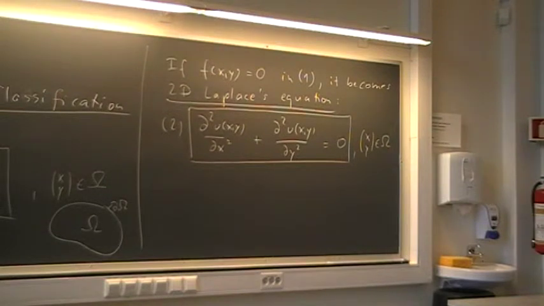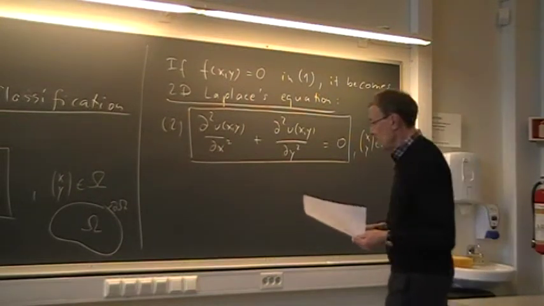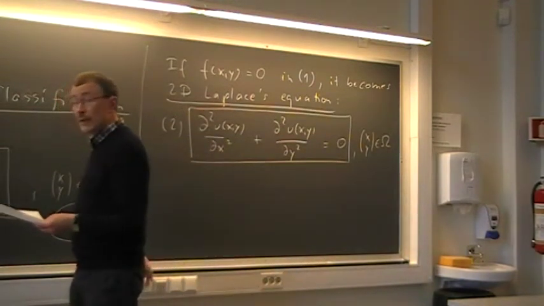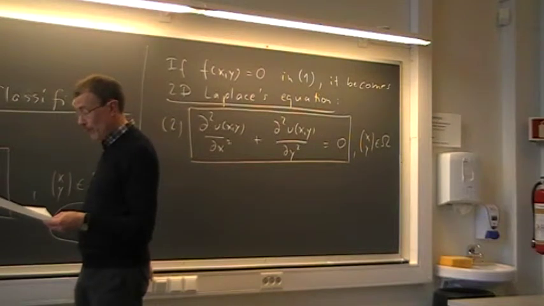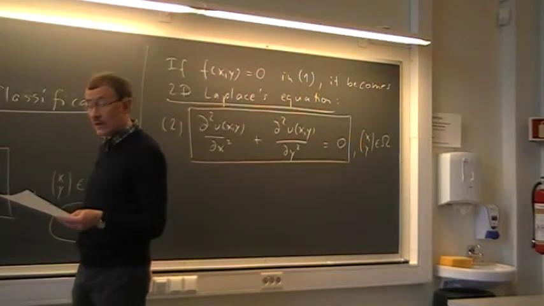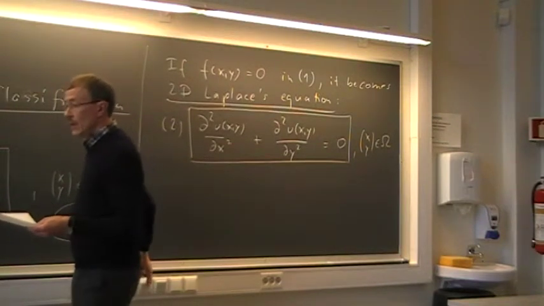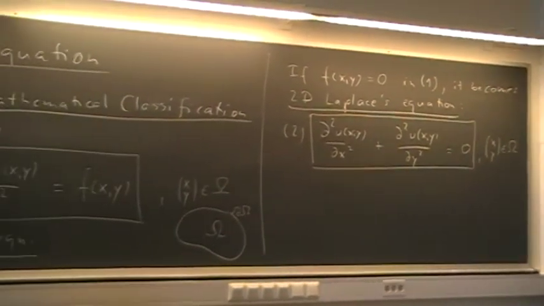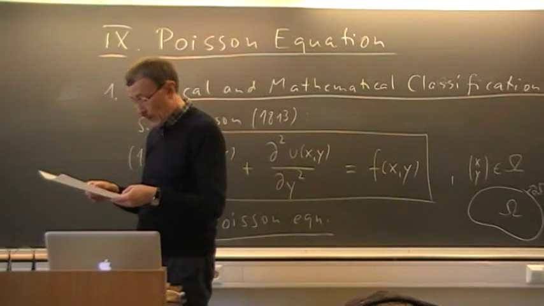We might have different boundary conditions, and there are three main classes, which we want to see. We have already seen two of them: the Dirichlet boundary conditions and the Neumann boundary conditions. We discussed that when we discussed the heat equation, so we have a similar thing here.